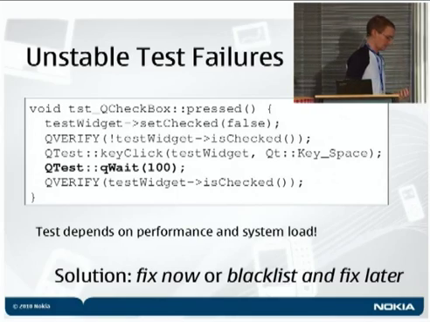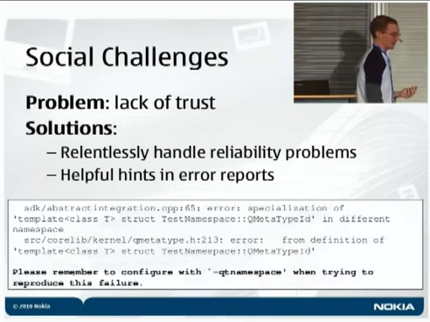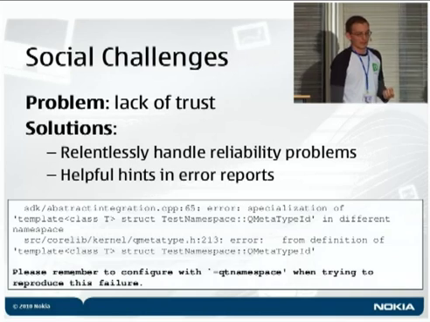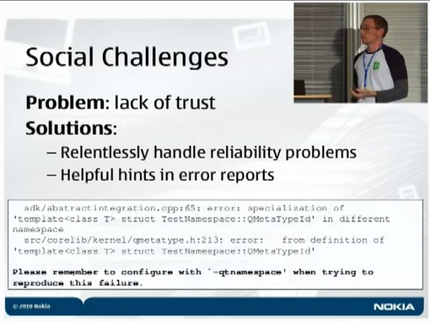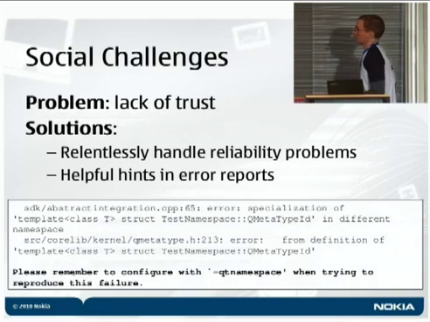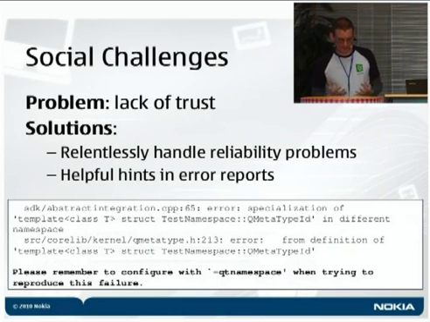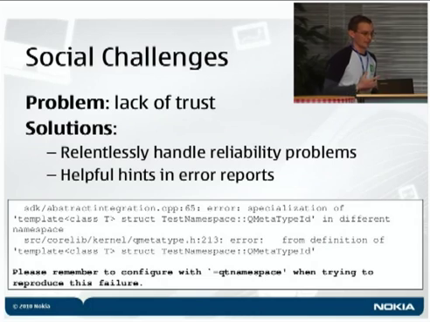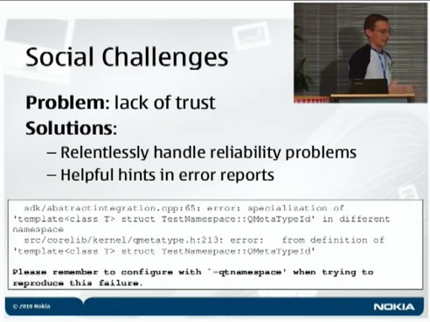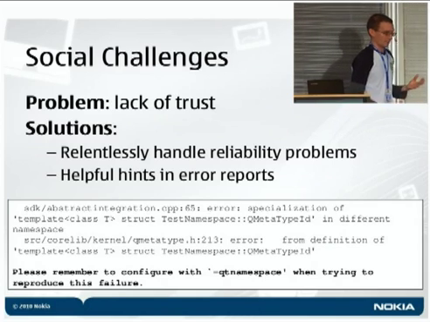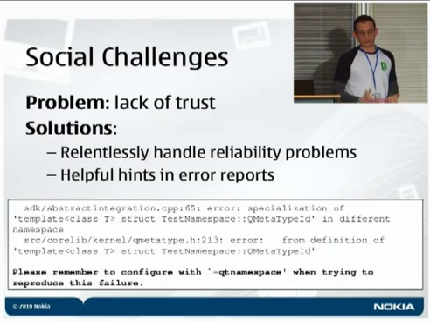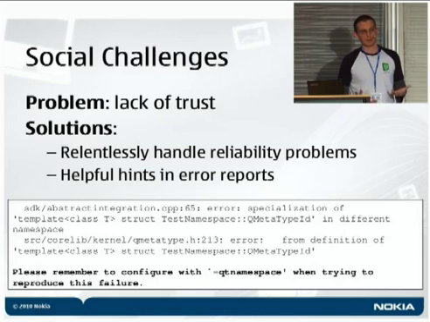All right, so I've gone over a few of the technical challenges that we have, but that's only one side of the story. There are also social challenges, right? What can happen is that a developer submits something into the system, they get back an error report, and it's some weird error that looks totally unrelated to their code, and they say, there's no way I broke this.